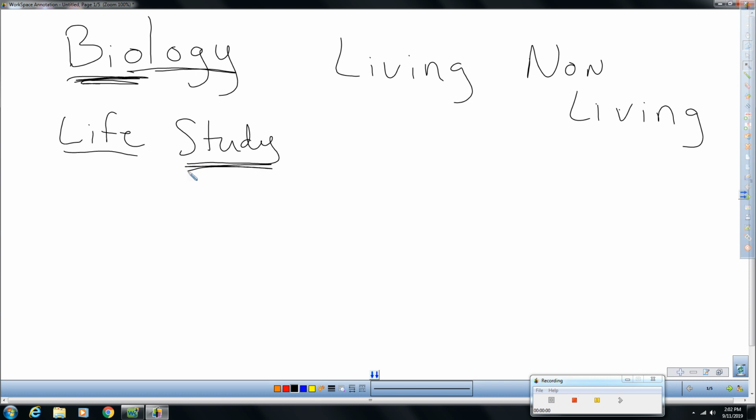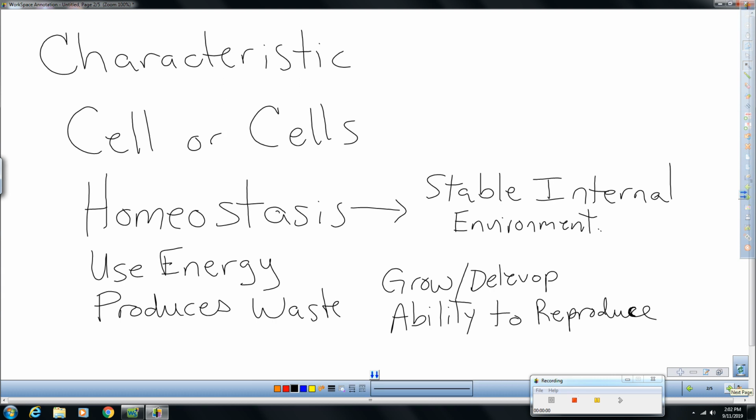All living things are going to interdepend or rely on not only other living organisms, like we rely on animals and plants for food, but also non-living organisms for habitat, shelter, protection, possibly, depending on where we go from there. So just understanding what biology is, the study of life, how organisms are related, how organisms work together, and how they interdepend on other things.